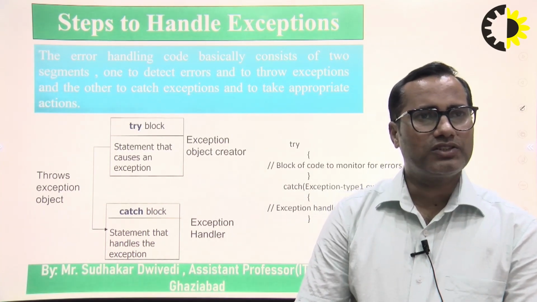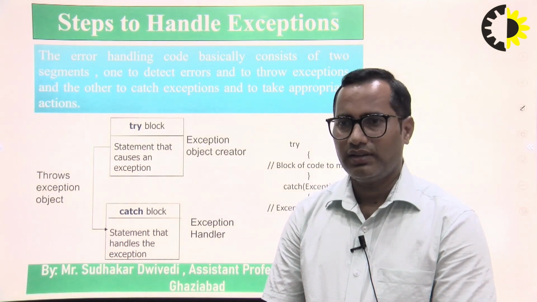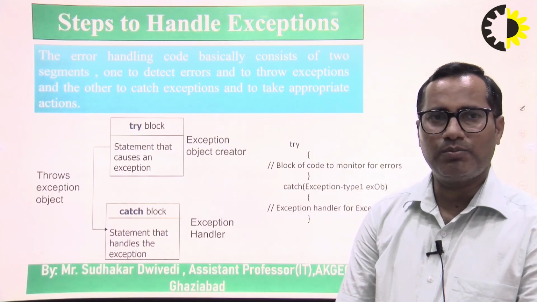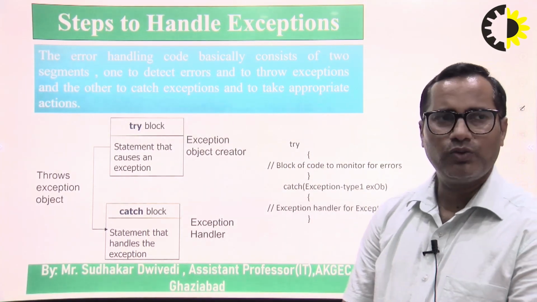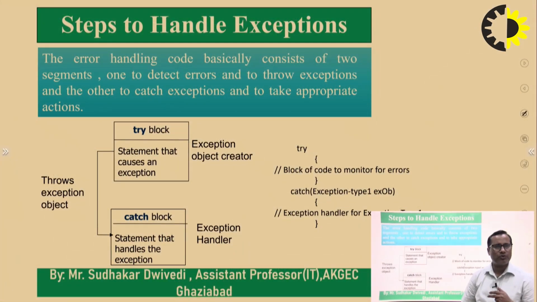So, in the last lectures, we discussed that all these exception handling mechanisms can be broadly categorized into 4 steps. The first 2 steps are about detecting the errors and throwing the exception, providing information about what exception has occurred.